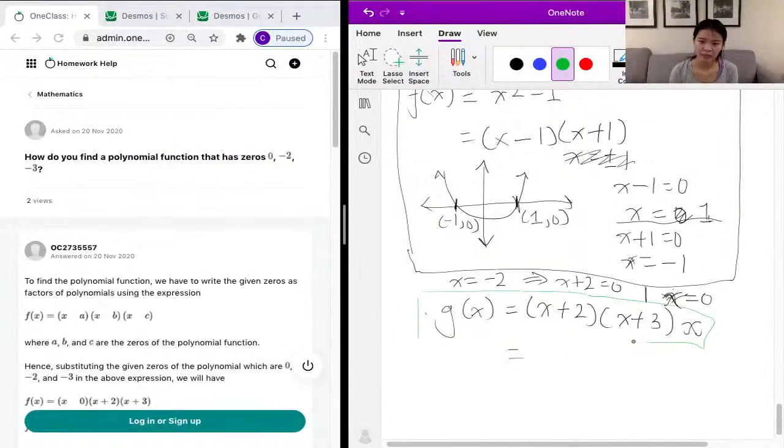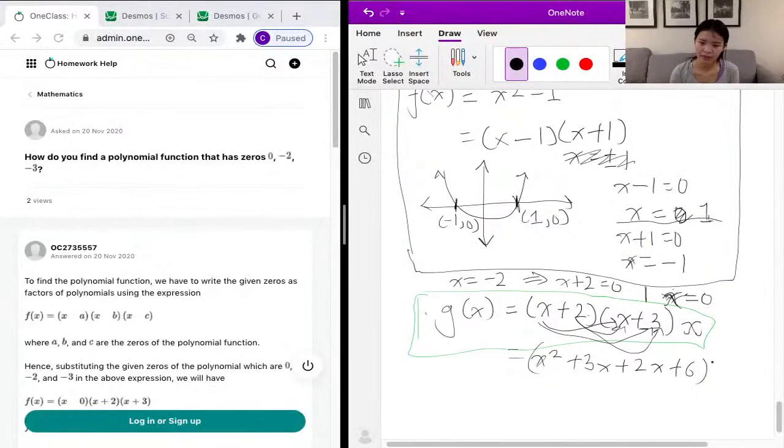But we could also simplify our function even further. So let's do that. To simplify it, we multiply each term by the other. For those kinds of questions, we would always have 4 terms. It will be x times x, which is x squared. Next, x times 3, which is 3x. Next, 2 times x, which is 2x. And we have 2 times 3, which is 6.